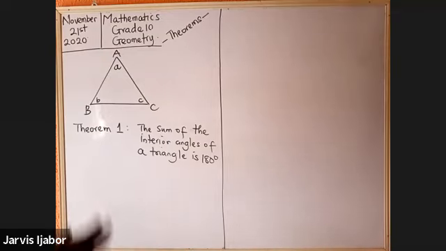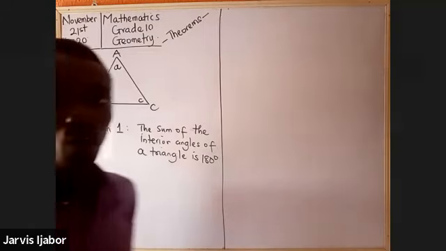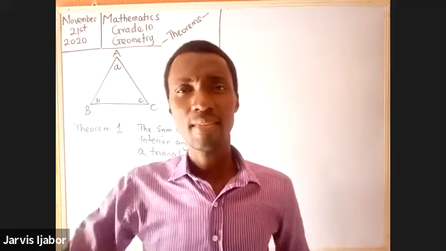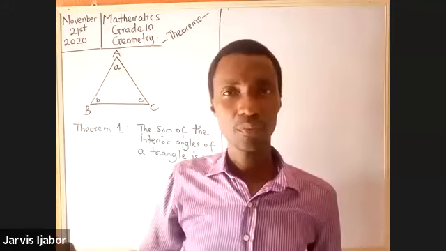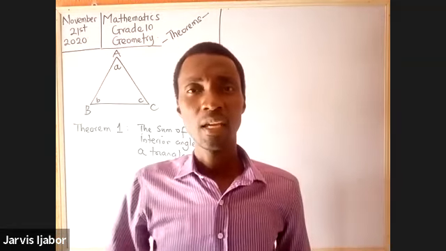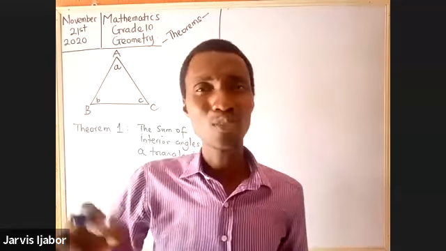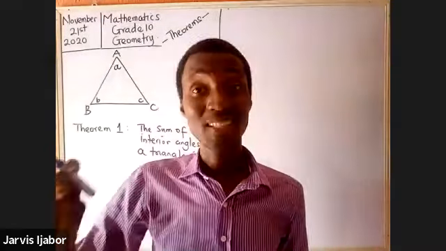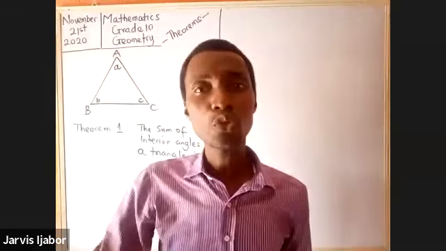Is that clear? I've called it theorem 1, but like I always tell students when I teach concepts here, I take my own approach to the matter. The reason being that it's not just your ability to memorize the theorem that is the issue. You need to identify them and know when to use them.